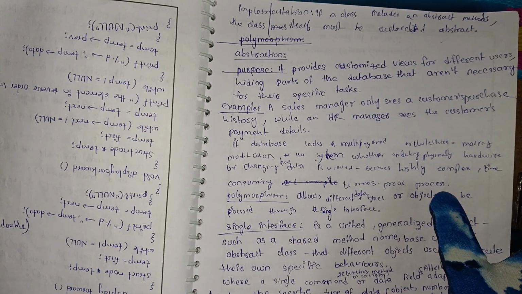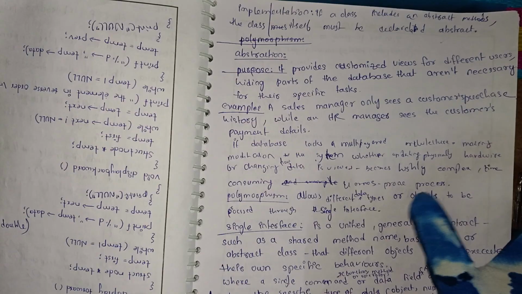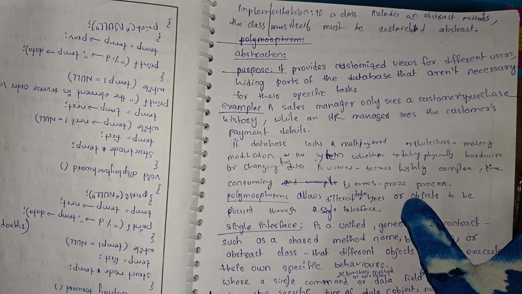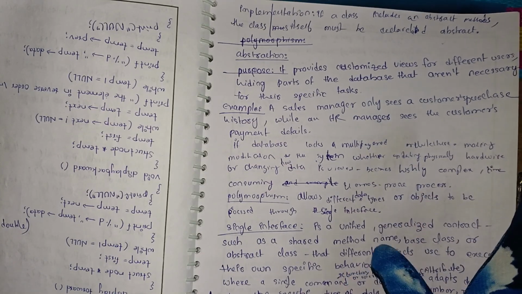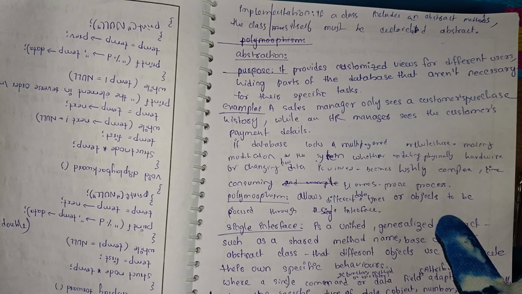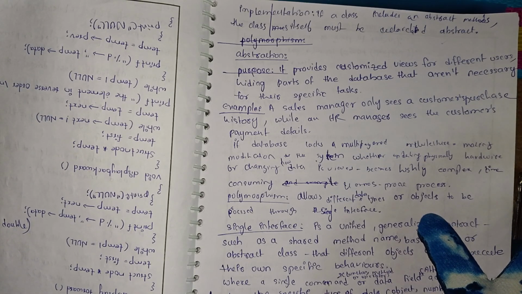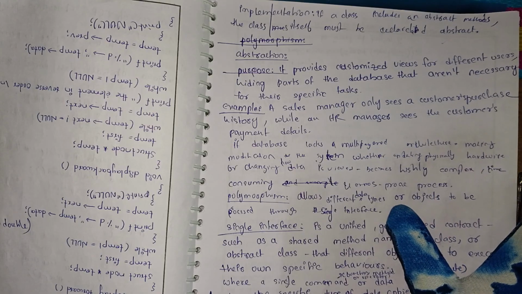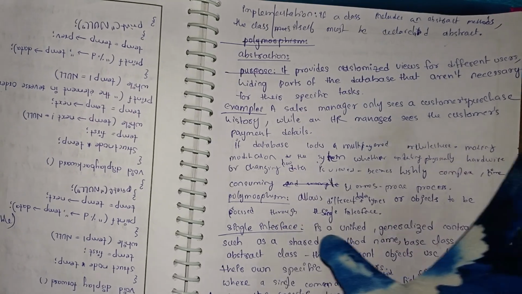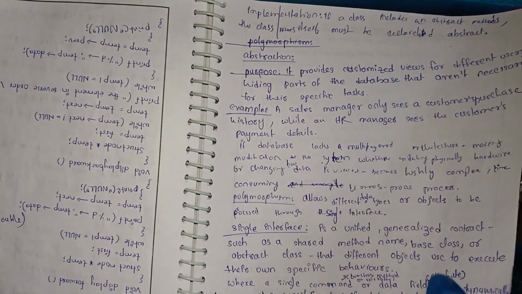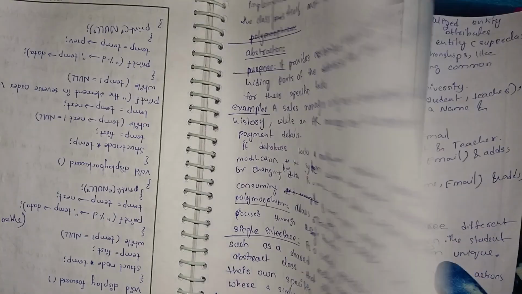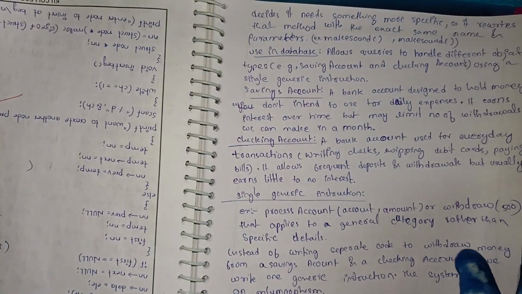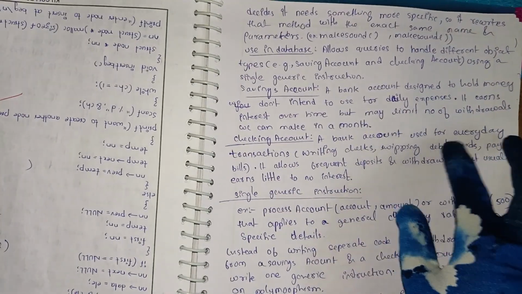For abstraction also, for external view, conceptual and physical view, for each level, I have explained the example. I have given a polymorphism example also, like accounts.